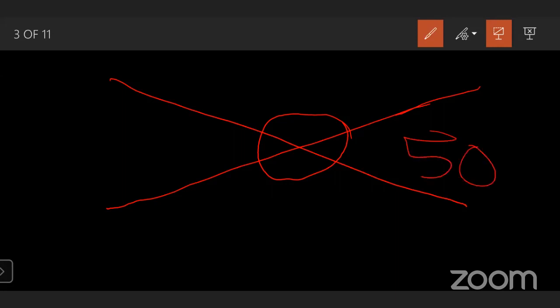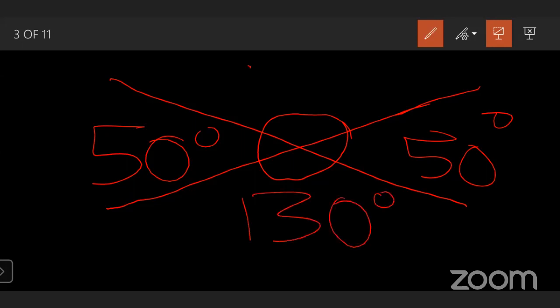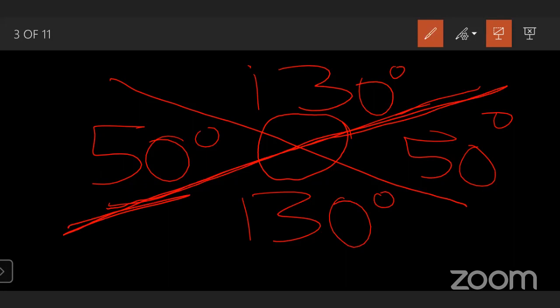Let's say here we have 50 degrees. This side is obviously 50 degrees. And this side will be 130 degrees, and this side obviously needs to be 130 degrees. So when we add all of them, it will definitely give us 360. But can you see this line here? This is our line segment, and if we break this, we'll have a half cycle this side and another half cycle this side.